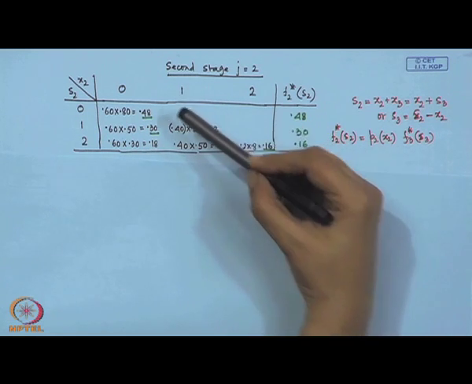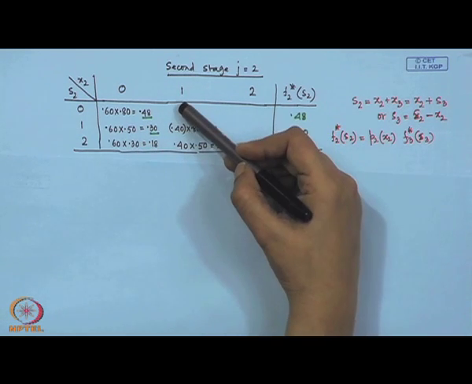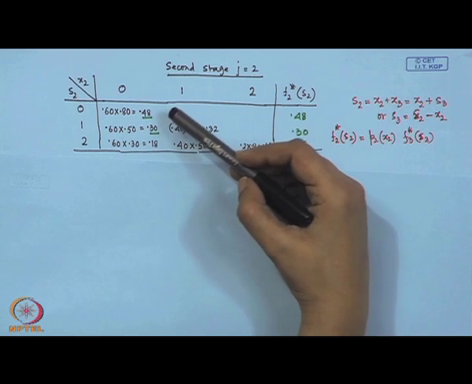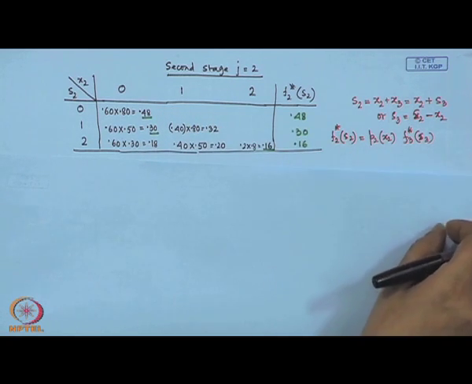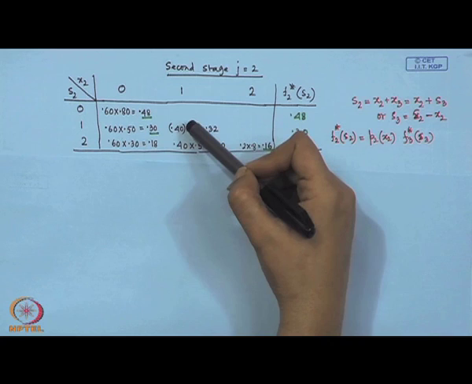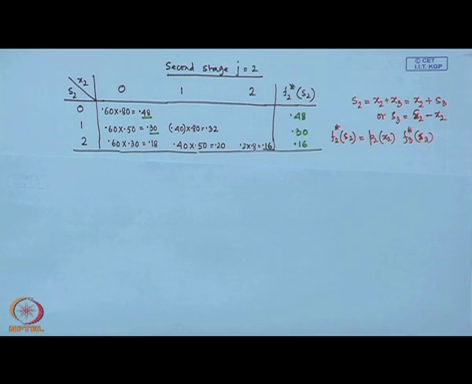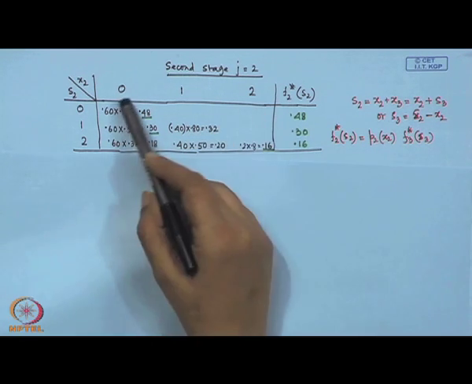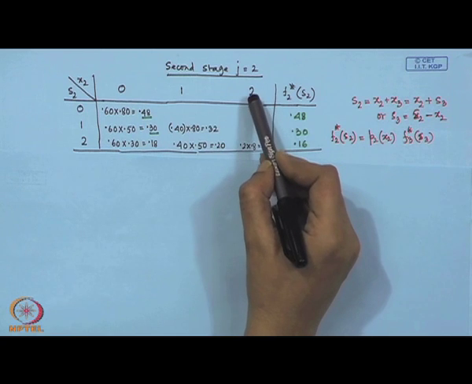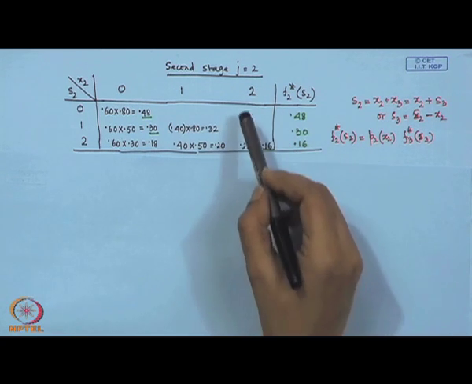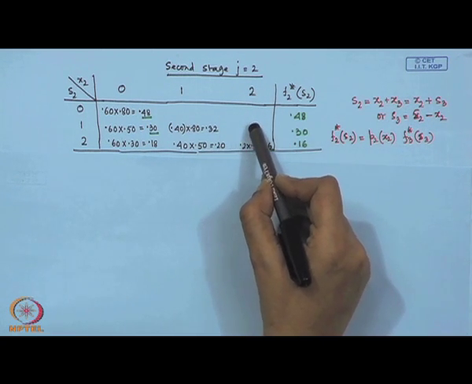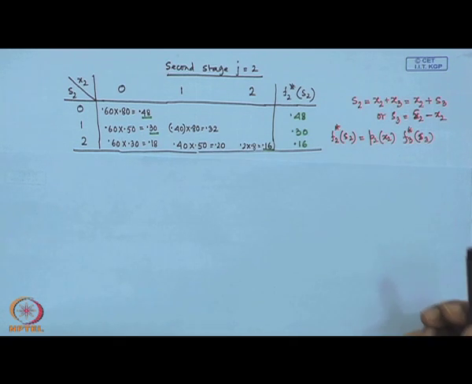That way we have calculated, just see 0.6 into 0.3. Come to the next, x2 is 1, S2 is 0, not possible, because S2 is equal to x2 plus x3. x2 is 1, S2 is 1, that means team B got 1, team C did not get anything, that is why 0.4 into 0.8, that is equal to 0.32. In this way we have completed the whole. Similarly, for x2 equal to 2, S2 equal to 0, S2 equal to 1, it is not possible, S2 equal to 2 is the only possibility, team B is getting 2 scientists, but team C is not getting any scientists.